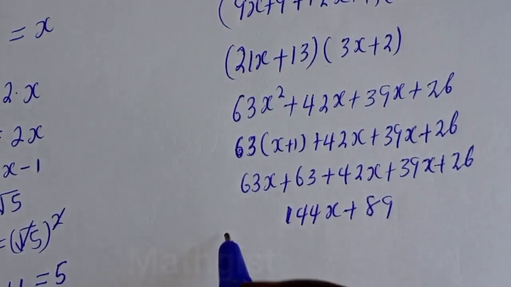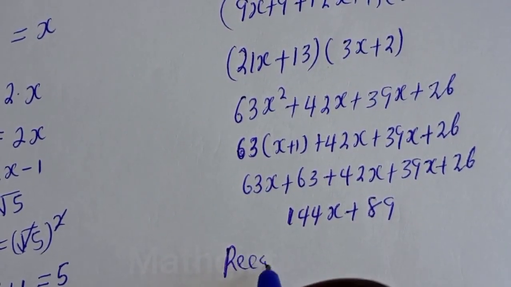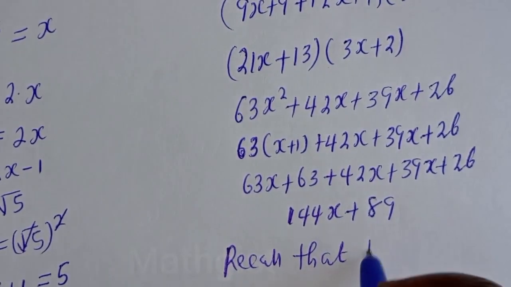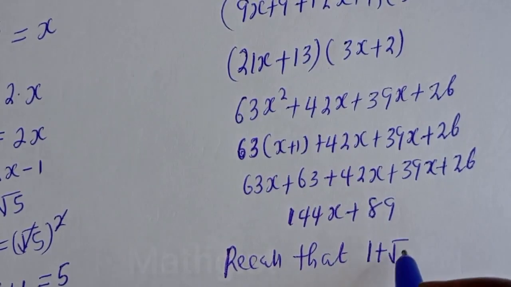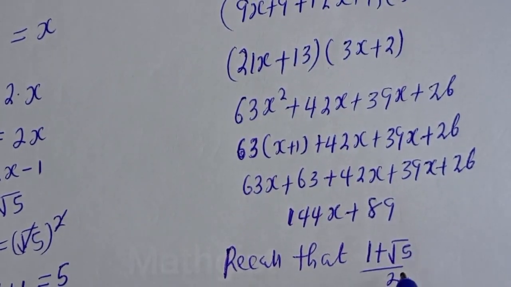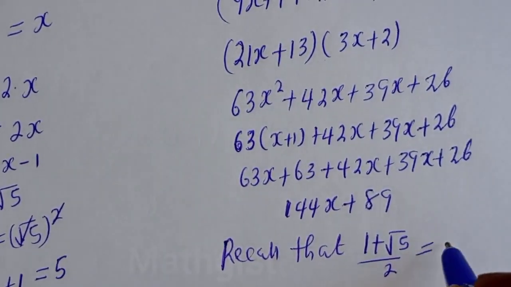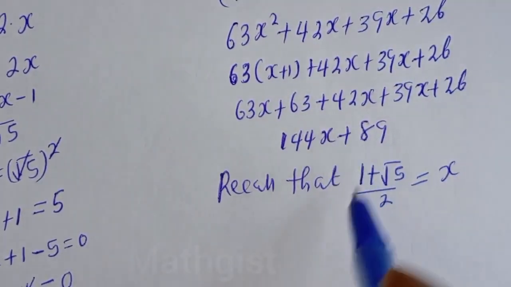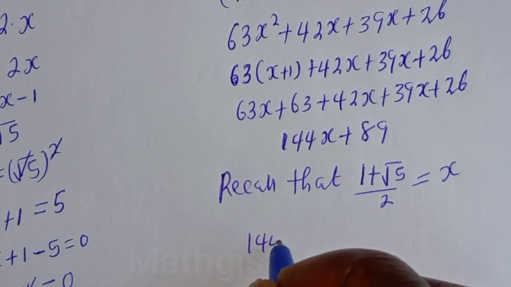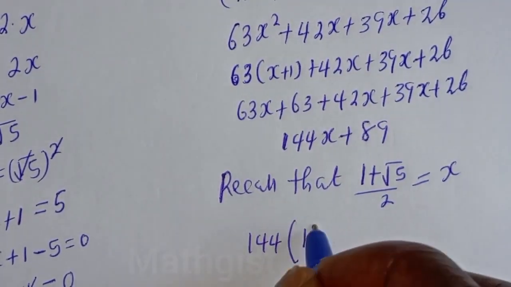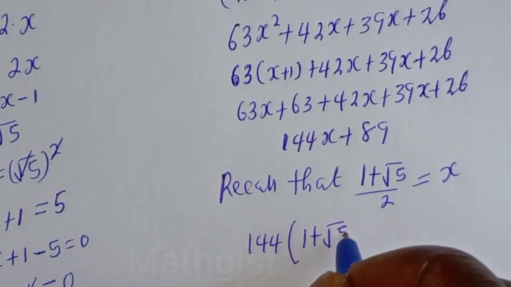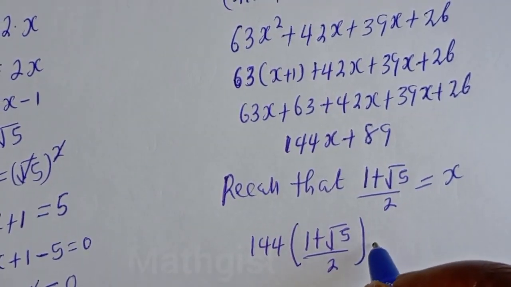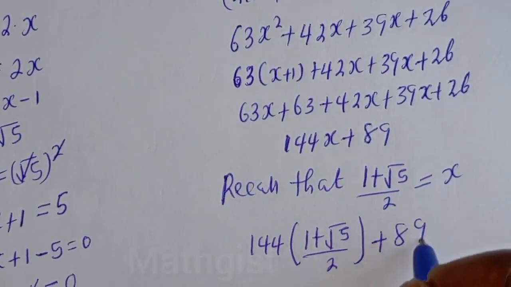Now recall that (1 + √5)/2 is equal to x. Let's substitute for x here. 144 bracket (1 + √5)/2 plus 89.